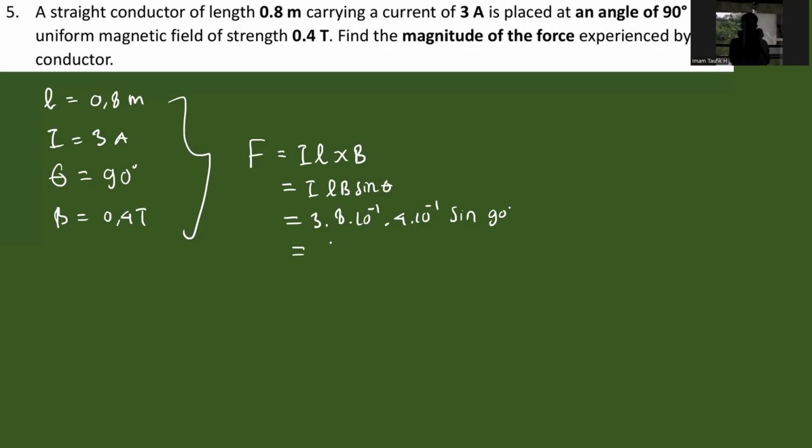So we have 3 times 8 is 24. 24 times 4 is 96. Then for the powers of 10, it will be 10 to the power minus 2. Sine 90 is equal to 1.